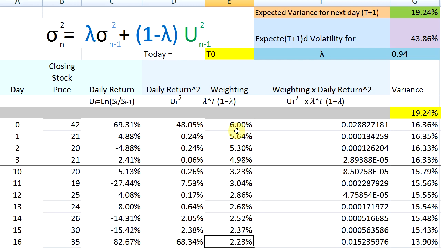And the logic behind that is that something that happened 200 days ago is less likely to happen today, which can work in your favor, but at the same time it might not work in your favor.